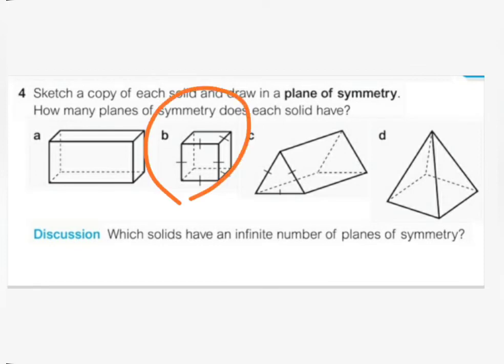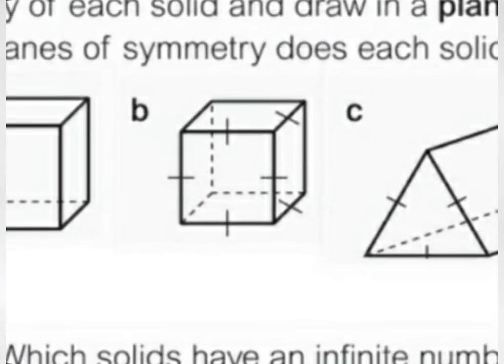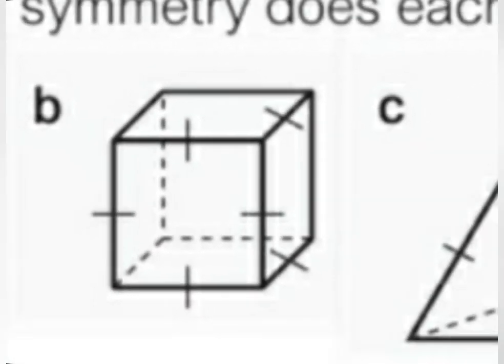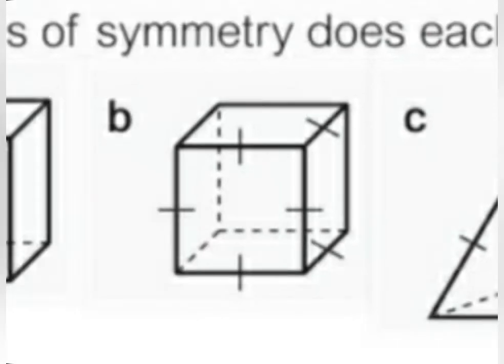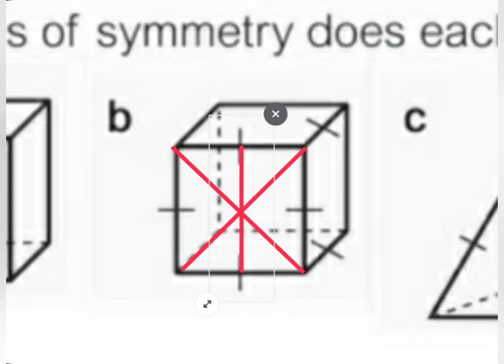Now B, which is the cube, let's take a look. How many planes of symmetry do you think we have? Very good. Let's check. We have 1, 2 here. 1, 2, 3, and 1.